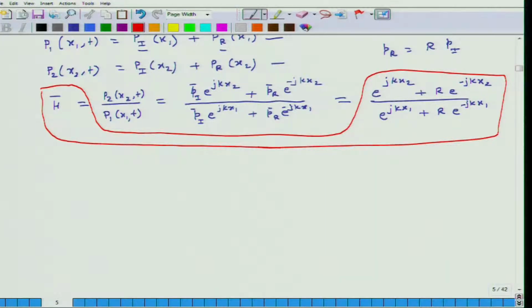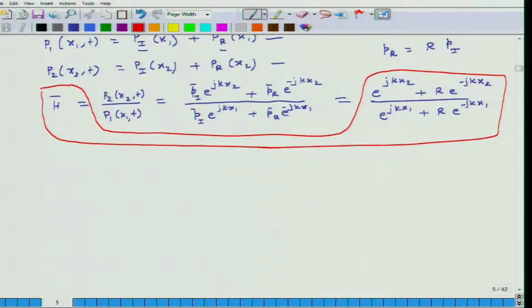It is the transfer function. Can I measure this transfer function? The answer to that is yes. How can I measure it? I take the readings at microphone 1, I take the readings at microphone 2, and using this P2 over P1, I can get the value of H bar, right?